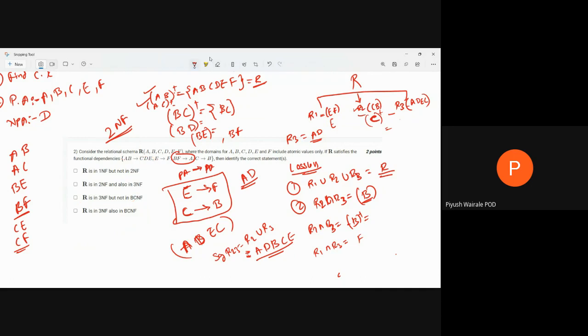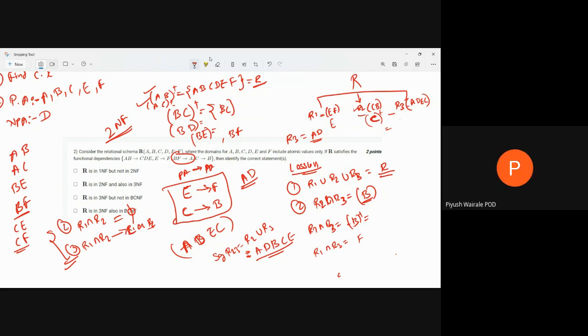The second condition is R1 intersection R2 should not be an empty set, and R1 intersection R2 should give me R1 or R2. If you look at these two conditions together, what this infers is that there must be some common attribute, and that common attribute must be a key of either R1 or R2, right?